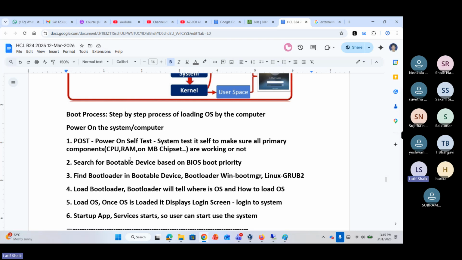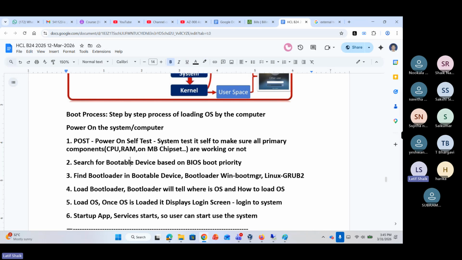Once again, what is boot processing? Step-by-step loading of the operating system by the system itself, or the step-by-step process of loading the OS, or the step-by-step process by the computer of turning on the system.